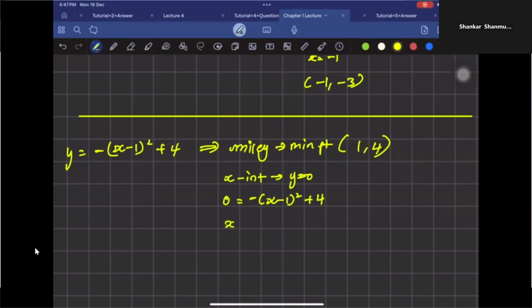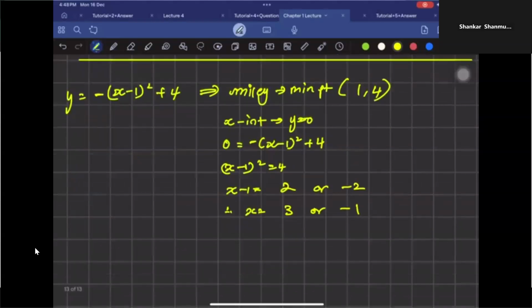So you have x minus 1 square is equals to 4. X minus 1 is equals to 2 or minus 2. Therefore, x is equals to 3 or minus 1. So these are your x-intercept coordinates, which is 3 comma 0 or minus 1 comma 0.